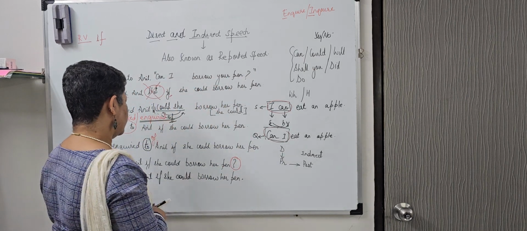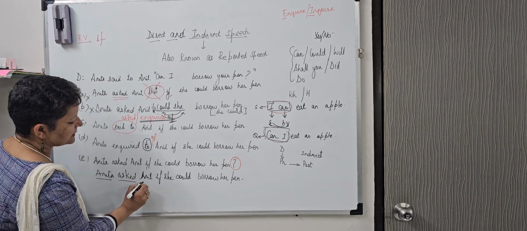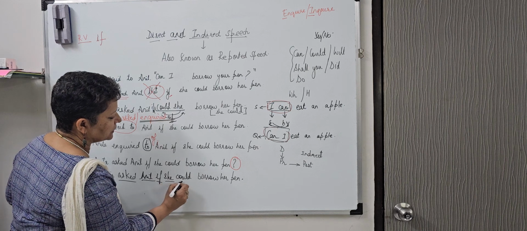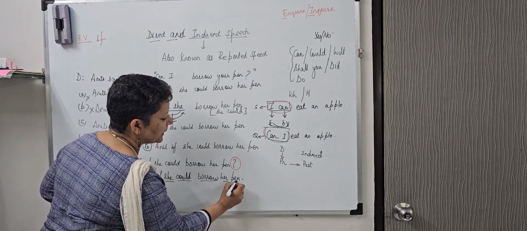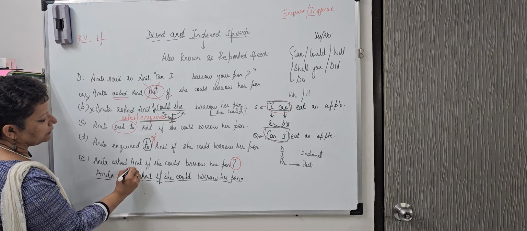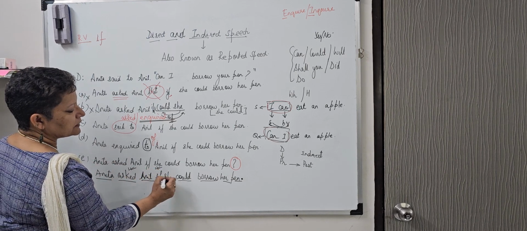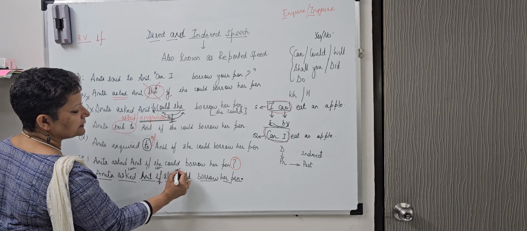So what is the correct final answer? Anita asked Anil if she could borrow her pen, with a full stop. We have got the reporting verb right. We've introduced if. We changed the helping verb and the subject places.